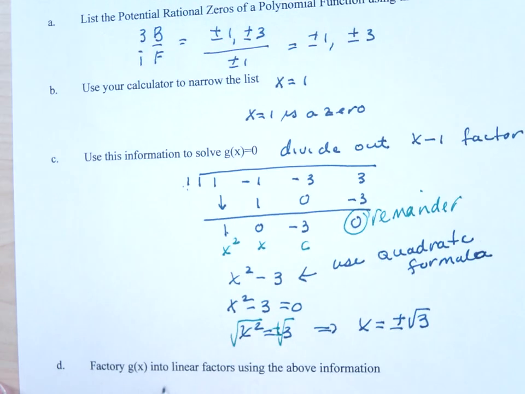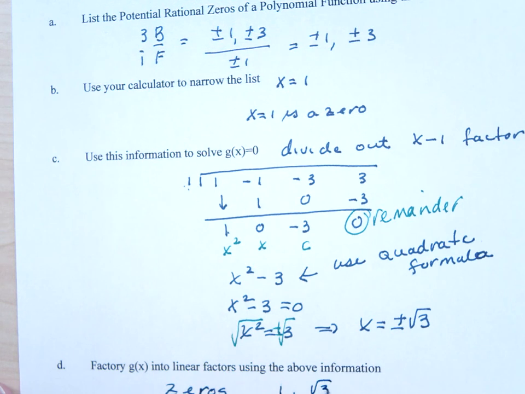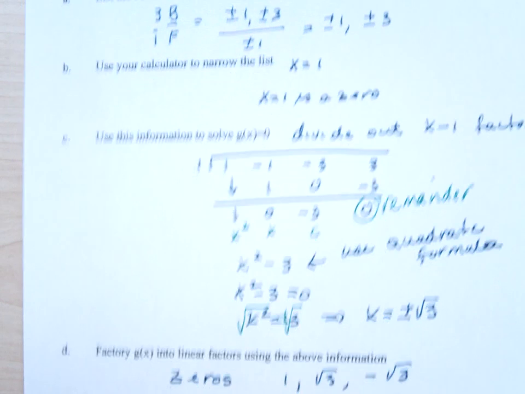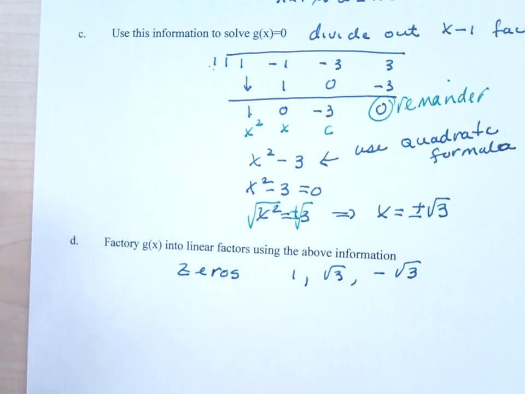So what are my zeros? My zeros are 1, square root of 3, minus the square root of 3. So remind ourselves, like with our worksheet, if we know the zeros, then we know the factors.